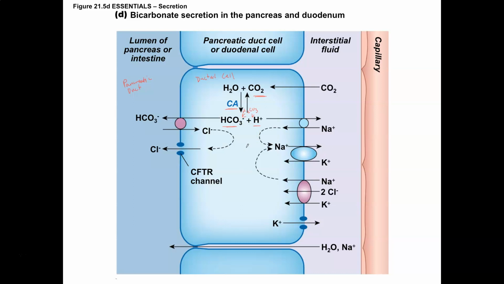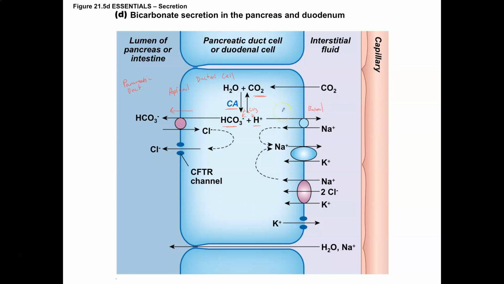Only in this case, we're going to move the hydrogen and the bicarbonate in different directions. So this time, the bicarbonate is going to be moved into the lumen. Okay, so we see an antiport between bicarbonate and chlorine on the apical side of the cell. So this is the apical side. And then we're going to see the hydrogen ions moving out of the cell on the basal side.